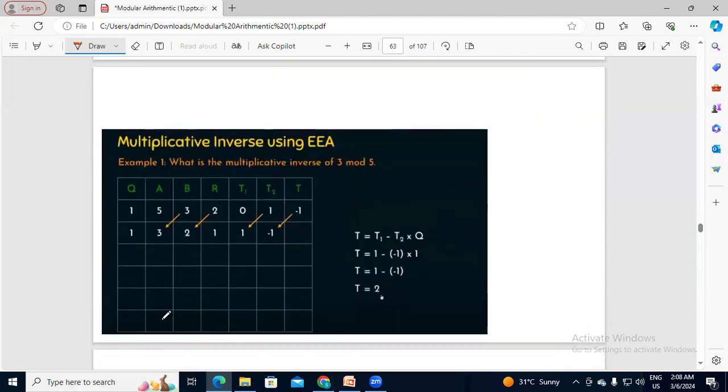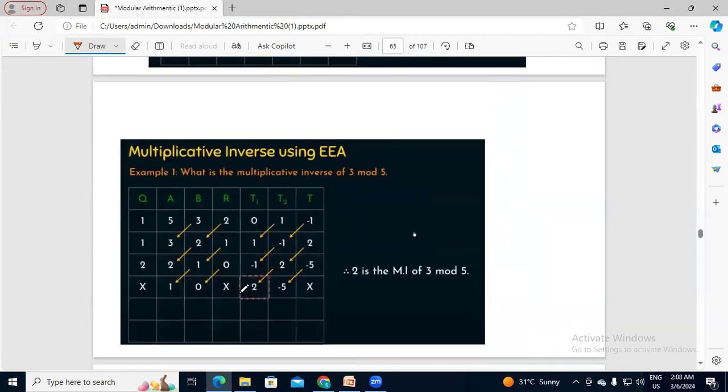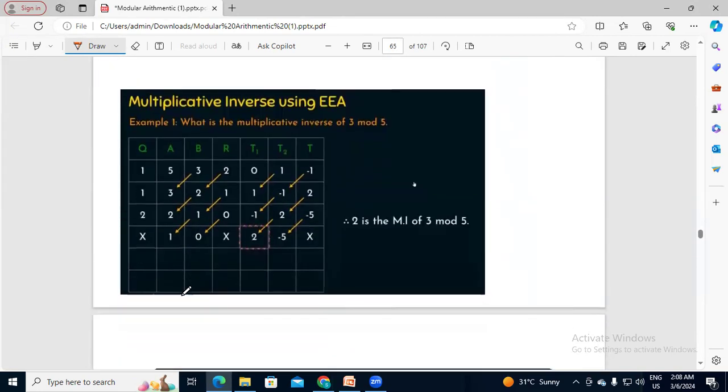Moving on, you need to do the shifting operation. So how will the shifting be done? B will get replaced to the A, the remainder will get replaced to the B, T2 will get replaced to the T1, and then this T is getting replaced to the T2. You need to do that until you are having 0 in the B, right?